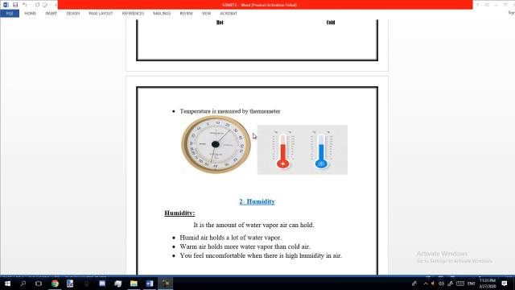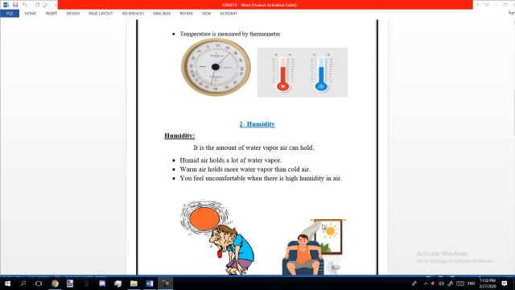That means it traps the heat on the Earth's surface, so you can feel the temperature with more and more discomfort. So the larger the humidity, the more uncomfortable you feel because you feel the high temperature more and more. And of course, warm air holds more water vapor than the cold air.